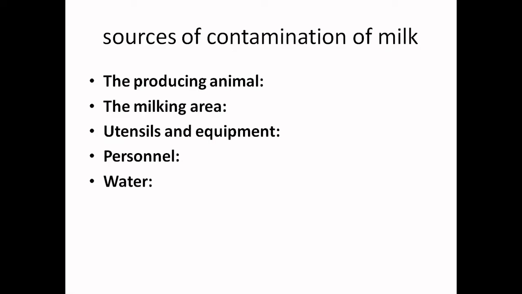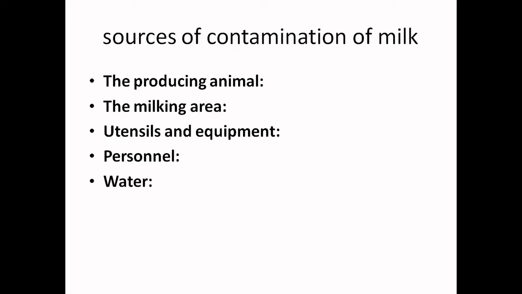The first source of contamination is the producing animal itself, then the milking area, then utensils or equipment used for milking purposes, then the personnel or human beings handling the milk.